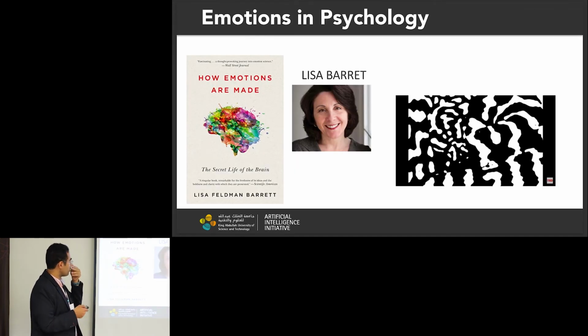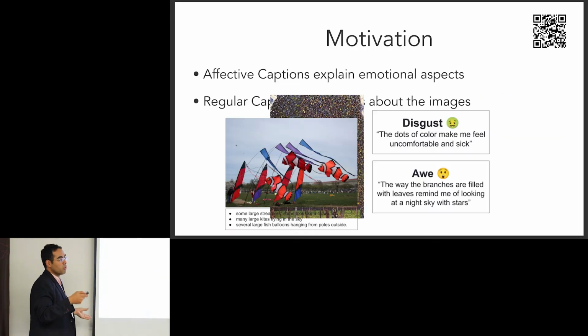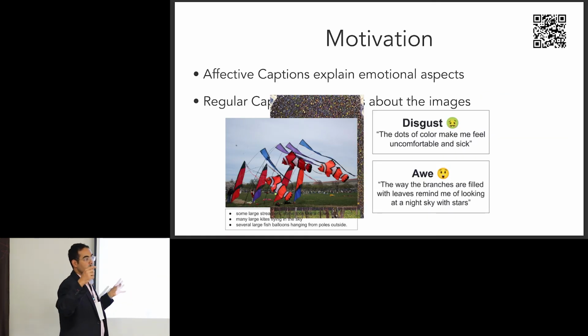It was inspired a lot by psychology and how we feel about things. We wanted to make progress on building AI models that are more emotion aware, in a visually grounded setting. So we want models that can tell, hey, this is a picture of a beautiful city, I can imagine myself sitting by the lake, listening to the birds and things like that.